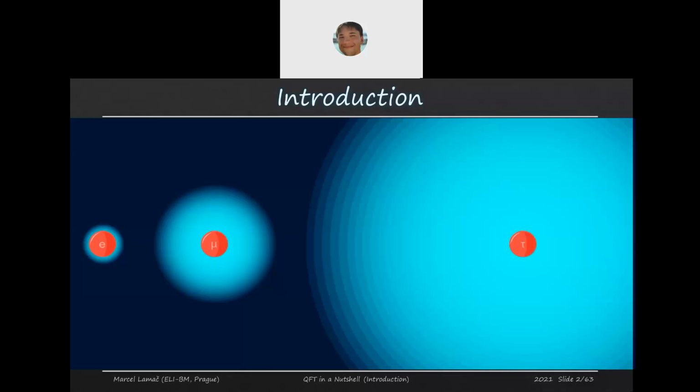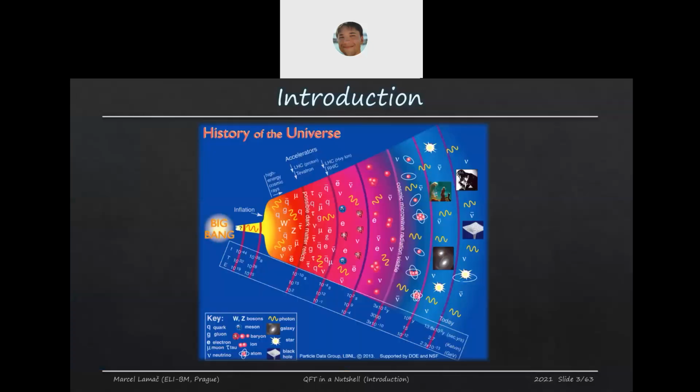The discovery of the tauon was followed by a theoretical prediction that there should also be three generations of quarks, which wasn't known at the time. And this has something to do with CPT symmetry, which is also described in the context of quantum field theory.